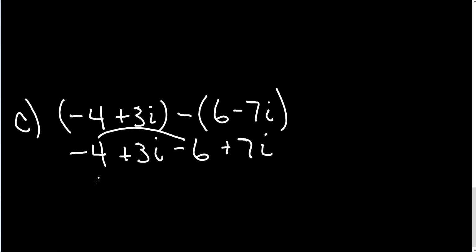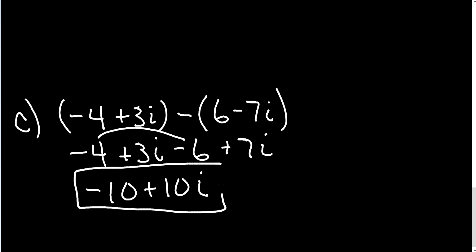Negative 4 minus 6 is negative 10, and 3i plus 7i is plus 10i. That's it. Remember to distribute that negative because that middle term is a subtraction sign, and we want to make sure we do that correctly.